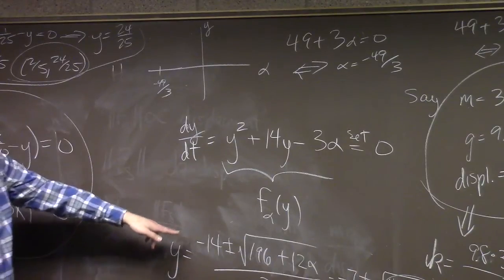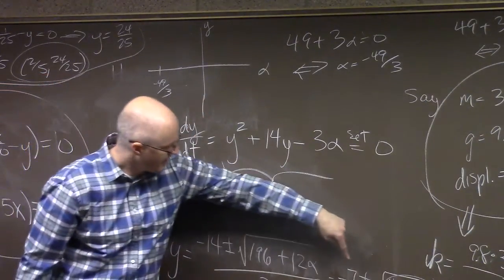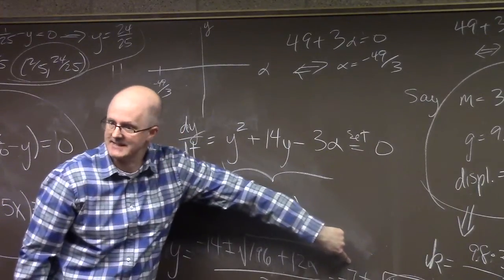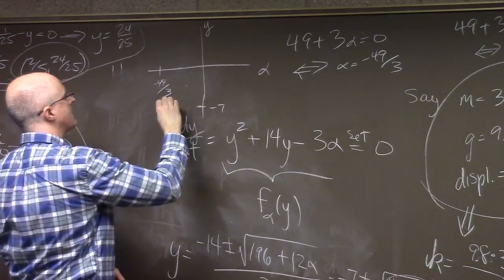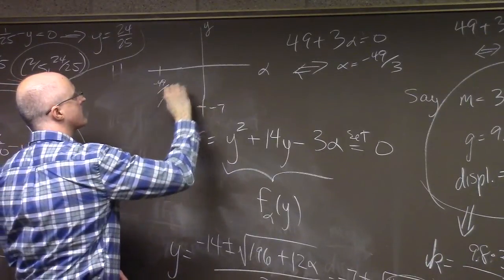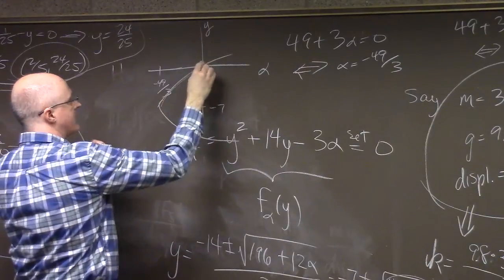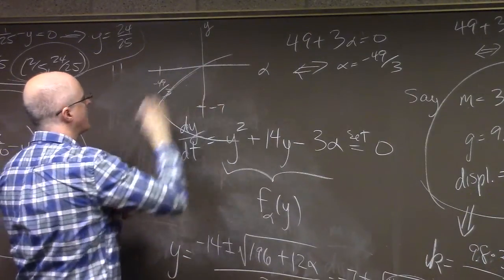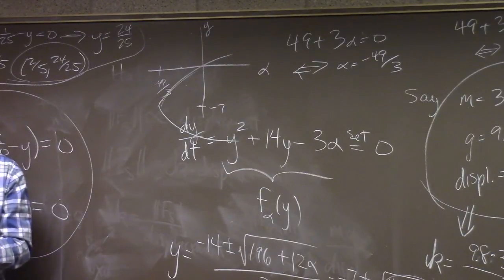When alpha is exactly equal to negative 49 over 3, your one equilibrium point's at negative 7. So if you were going to draw this accurately, it would be down here at negative 7 where the vertex is. Something like this, I'm not bothering to figure out where the alpha intercept is there, don't worry about it. Something about like that. You actually won't have to draw that on the exam.